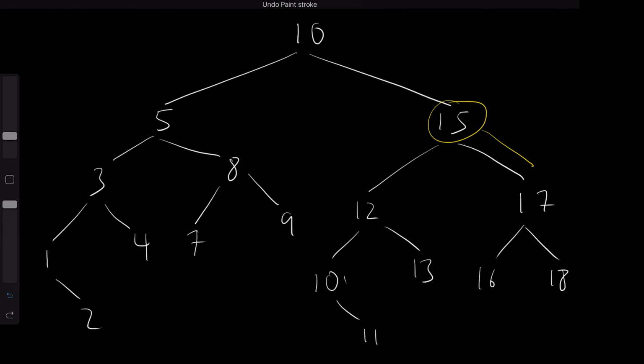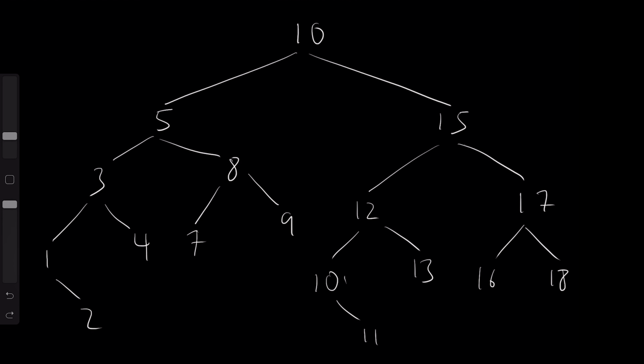What do I mean by that? Let me show you. For example, number 2 here. What is the parent? The parent is the first one that is on the right side of it. You look at your parent, you see 1, but 1 is on the left side of you, so that doesn't count.